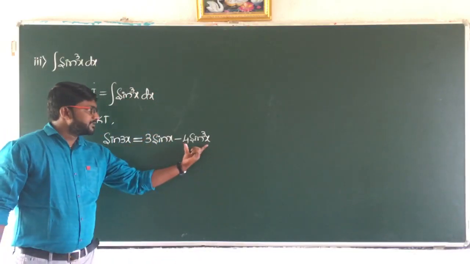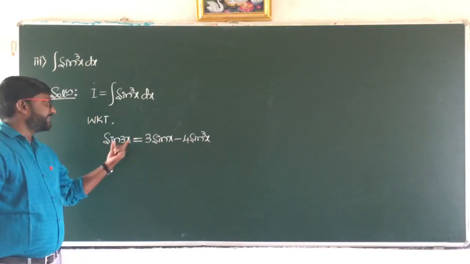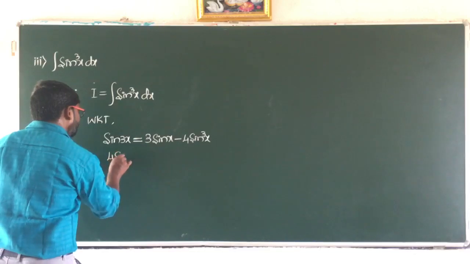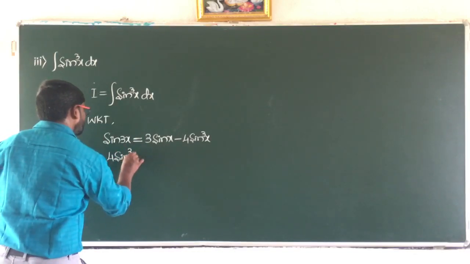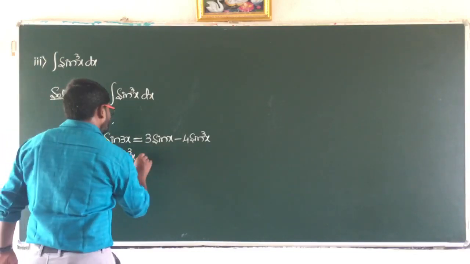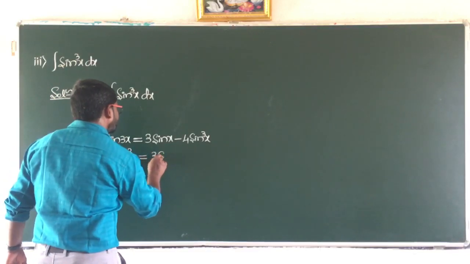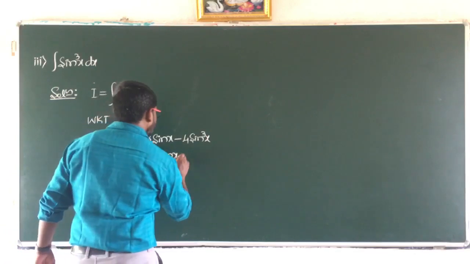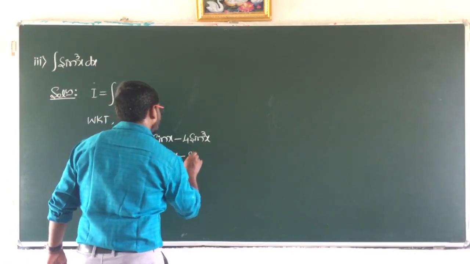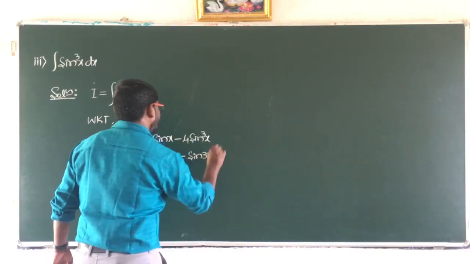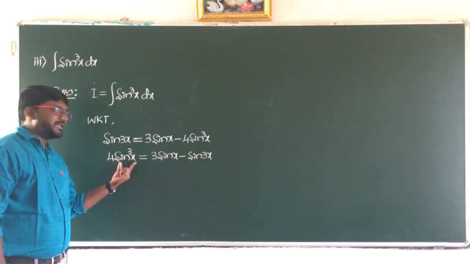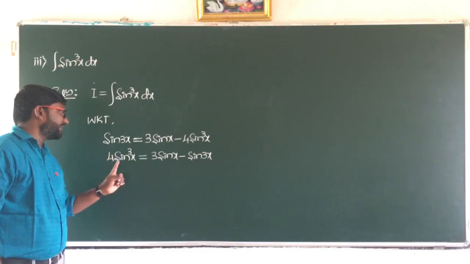Now I take this term to the LHS and sin 3x to the RHS. This can be written as 4 sin cube x, which is equals to 3 sin x, write it as it is. Then minus sin 3x. So now I write sin cube x as it is in the LHS. Take 4 to the RHS.